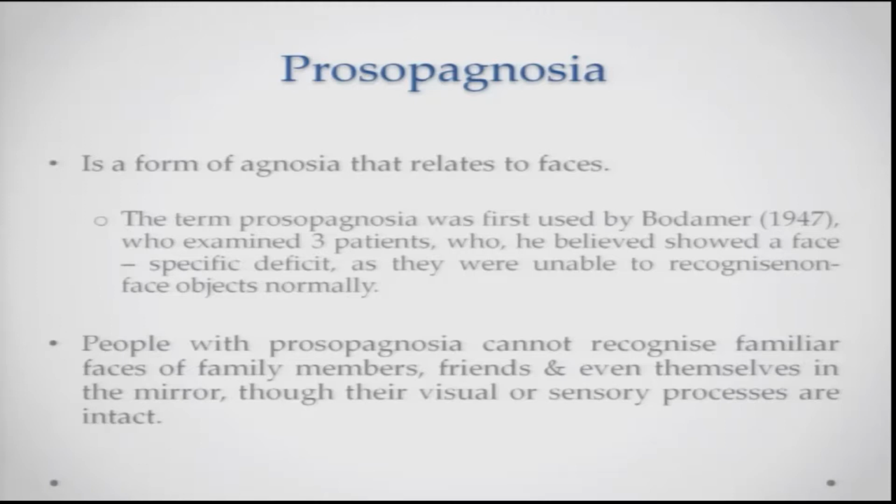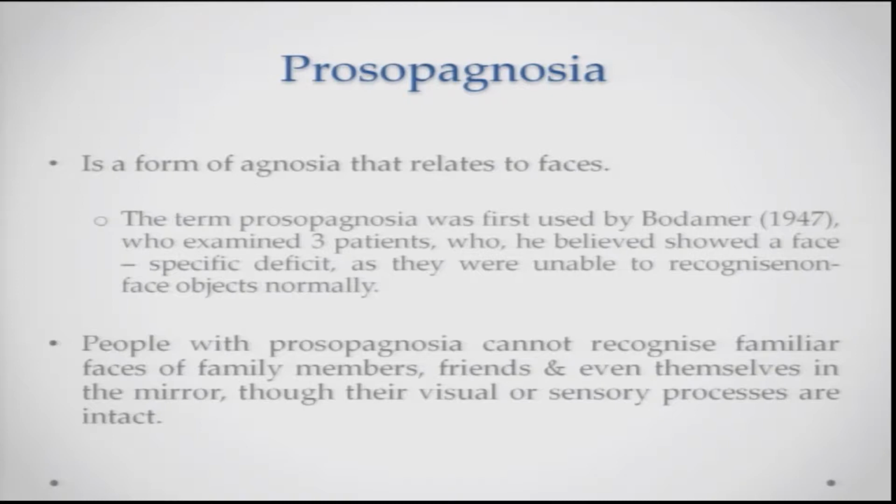Now, coming towards the end, talking about prosopagnosia. Prosopagnosia is basically a form of agnosia that relates to faces. The term prosopagnosia was first used by Bodamer in 1947, who examined 10 patients who he believed showed a face-specific deficit. These people were not able to recognize faces, but they were able to recognize non-face objects completely normally.